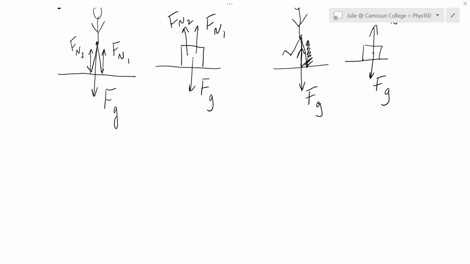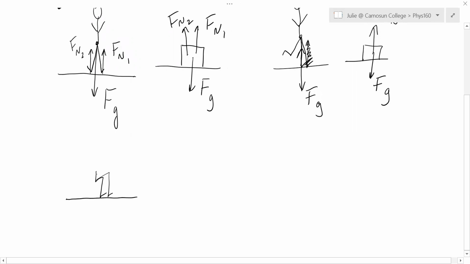Now these forces don't necessarily have to be equal. If you were jumping up, so let's say you were in a crouch and you were jumping up. Well, you still have the same forces.